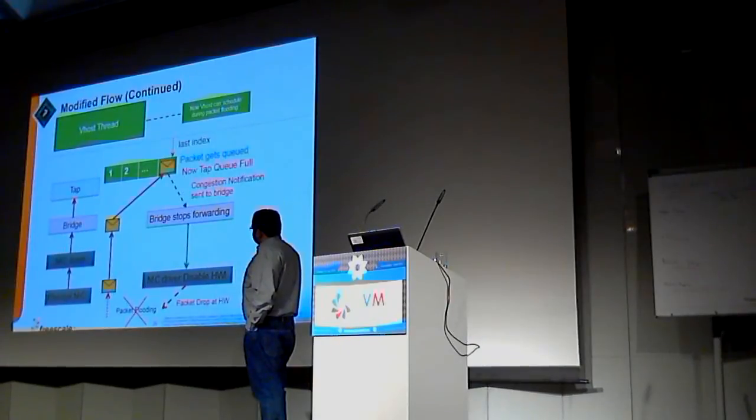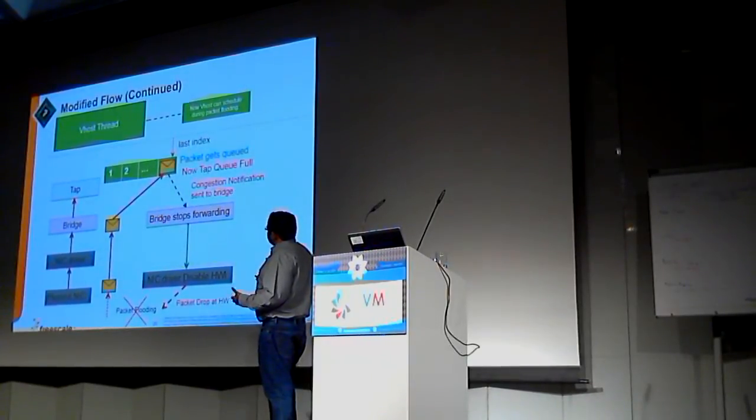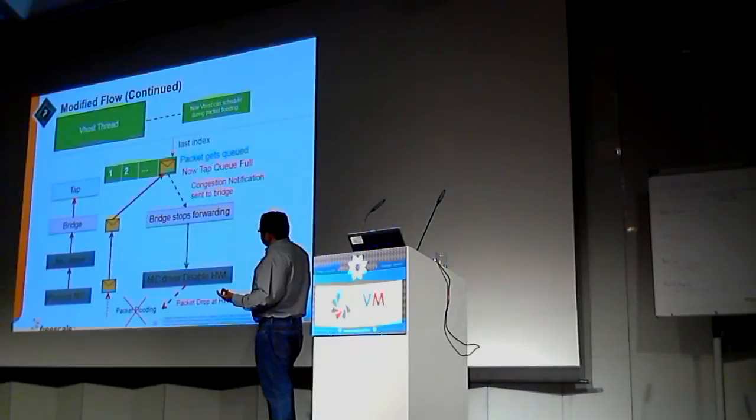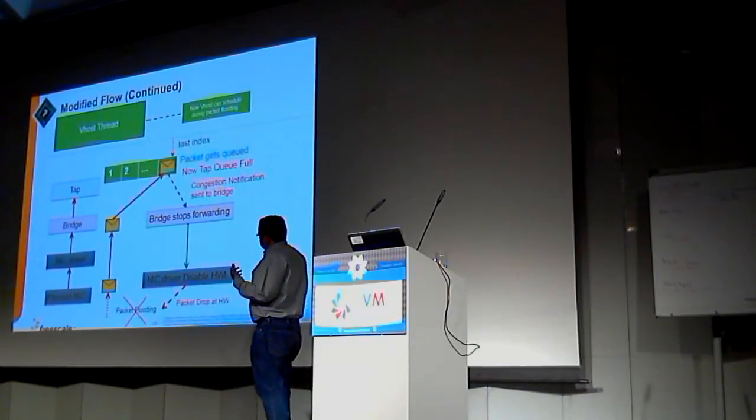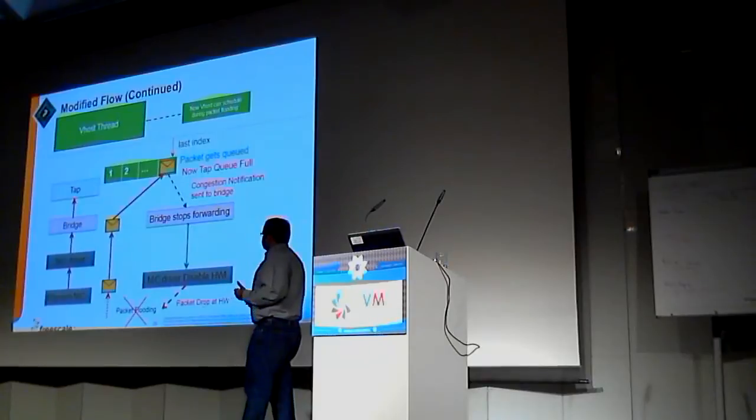When the tap socket could not receive packets, it would inform the NIC to not receive any packets on its behalf. It would disable interrupts over there. This would give the vhost thread adequate bandwidth to process the packets from the tap socket and then move them to the guest. Once that had been done, we would re-enable the interrupts in the physical NIC to get more packets from the network.